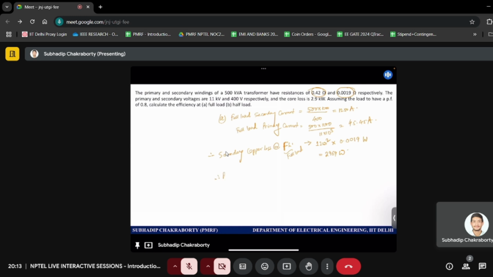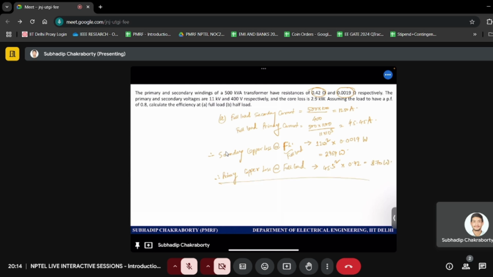Similarly, primary copper loss at full load. It will come as 45.5 square times 0.42, around 870 watts.